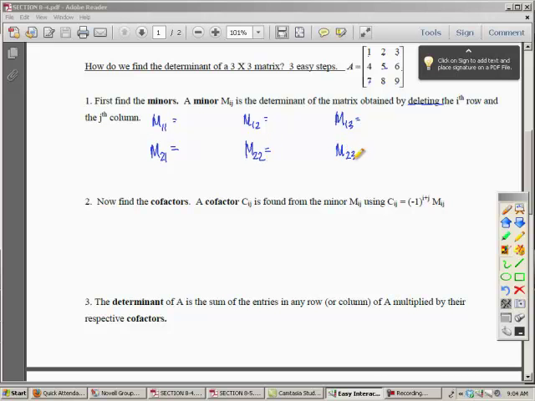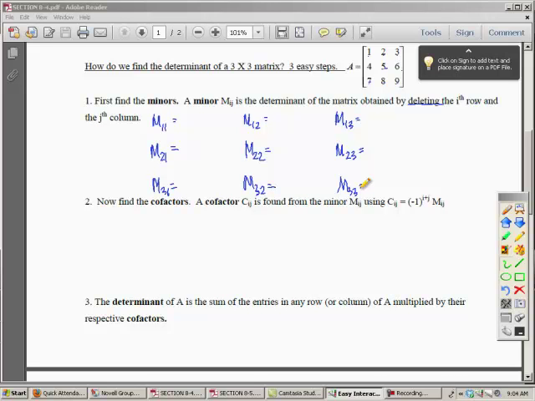Minor for 2, 3, minor for 3, 1, 3, 2, minor for 3, 3. Okay, and so this is our goal, is we're going to be finding these minors. Now, in order to find the minor, what we're going to do is basically cross off a row and a column.